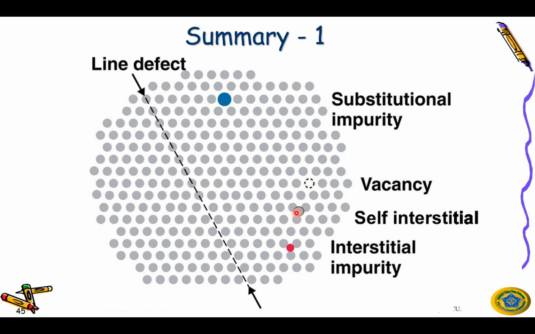The second one is called self-interstitial. You have the same type of atoms, right? The third one is substitutional impurity. The fourth one is interstitial impurity. And we are going to talk about dislocation, which is linear defects, very soon.